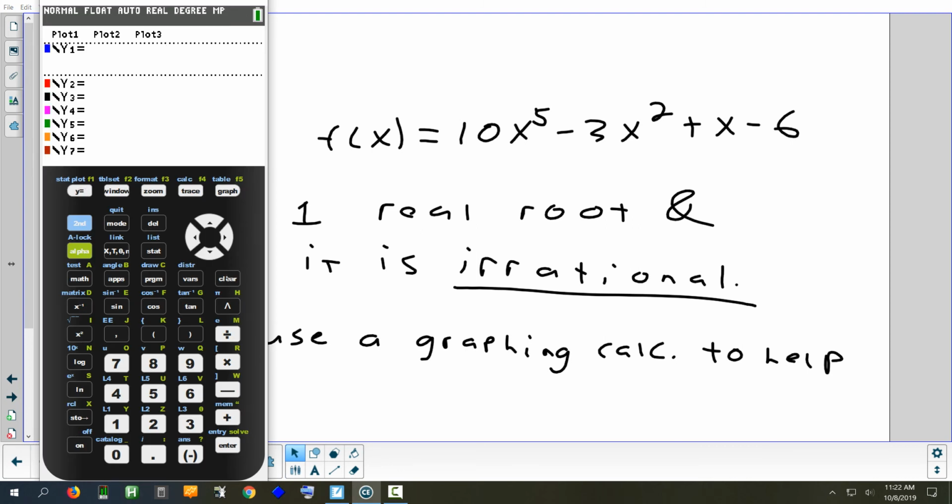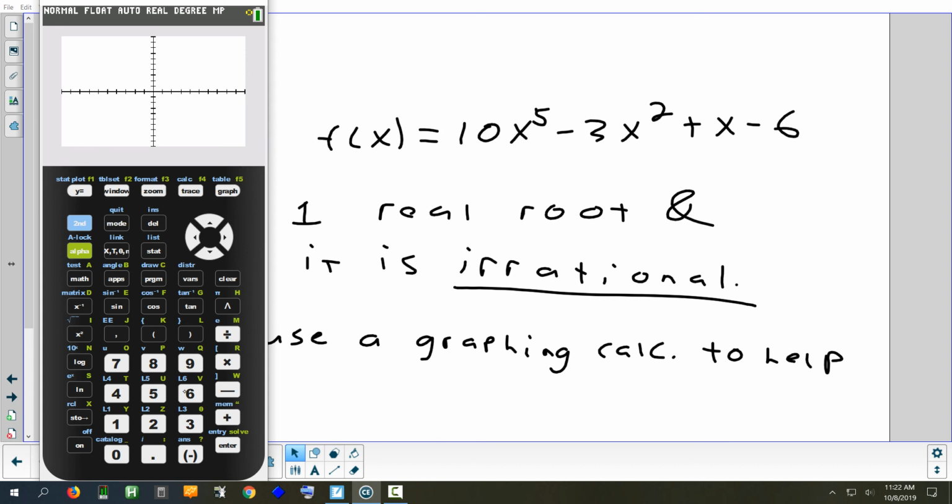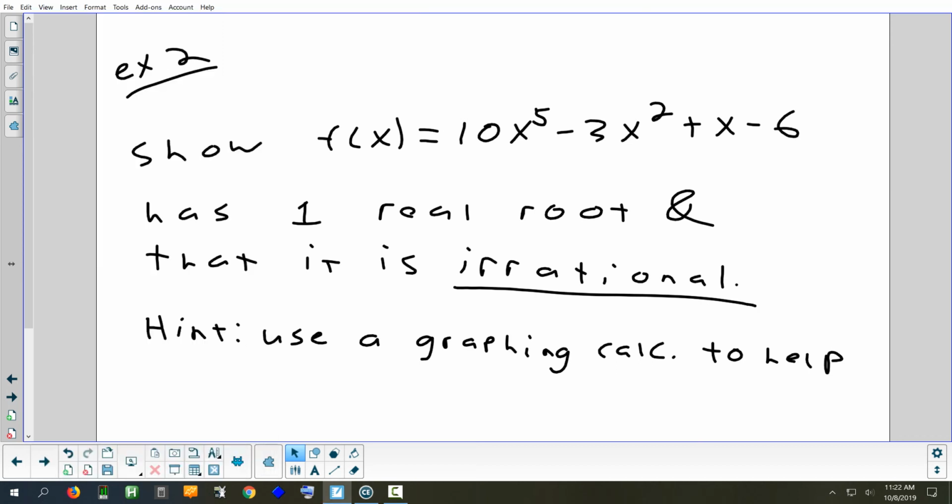All right, so we've got 10x to the 5th minus 3x squared plus x minus 6. And I'll do zoom 6 just to reset this. Zoom 6. Okay, so we can see that it definitely crosses the x-axis one time.